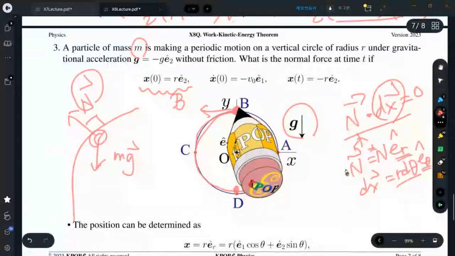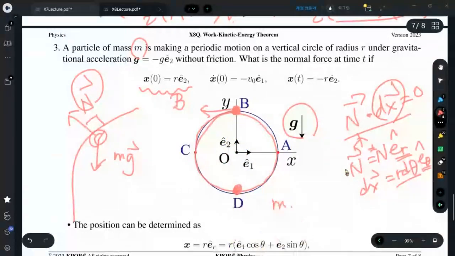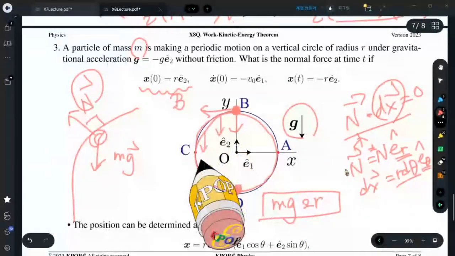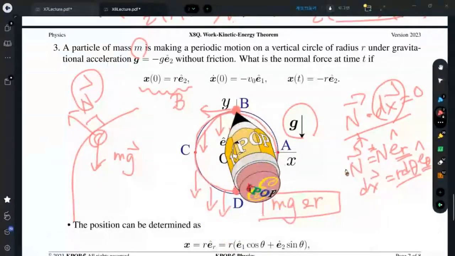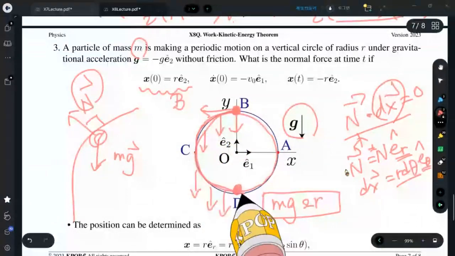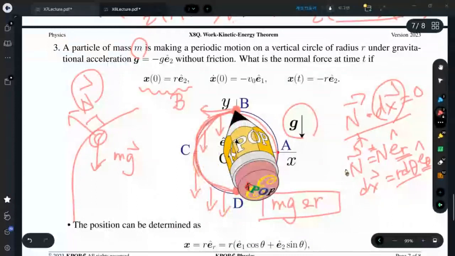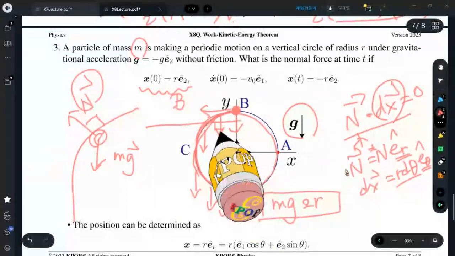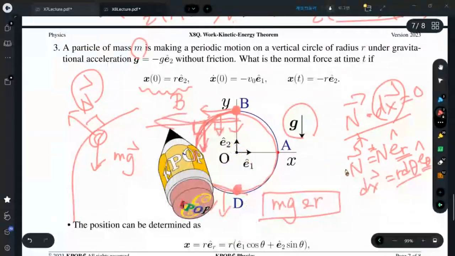Therefore, the work done by the gravitational force from here to there is mg times 2r. Why? The gravitational force is always downward, and although the track is complicated, the horizontal displacement does not contribute any work because the force is perpendicular to this direction.